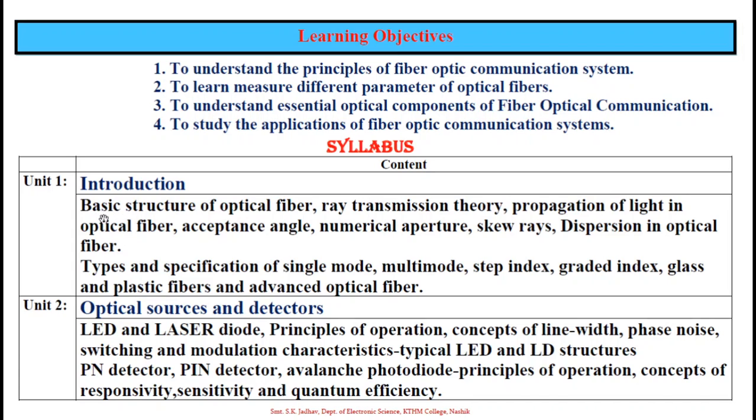Contents of unit number 1 include basic structure of optical fiber, ray transmission theory, propagation of light in optical fiber, acceptance angle, numerical aperture, skew rays, dispersion in optical fiber, types and specification of single mode, multi-mode, step index, graded index, glass and plastic fibers and advanced optical fiber.